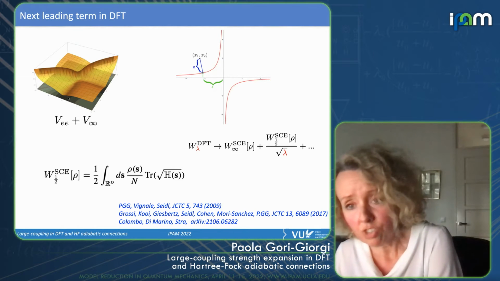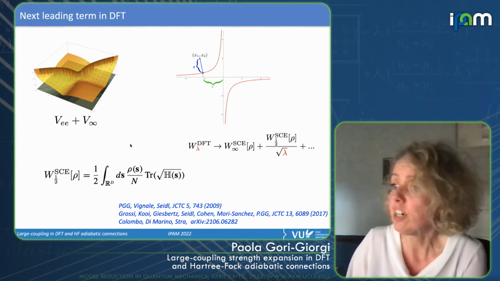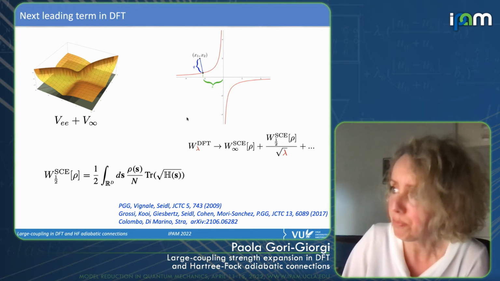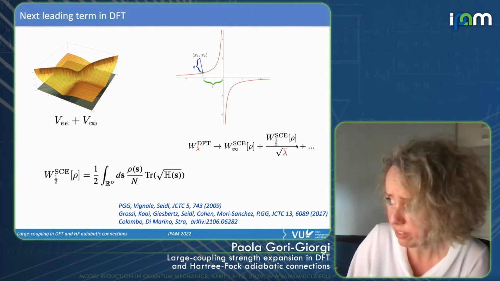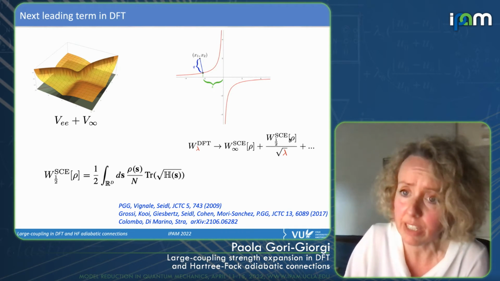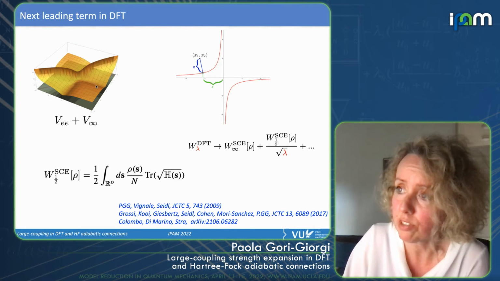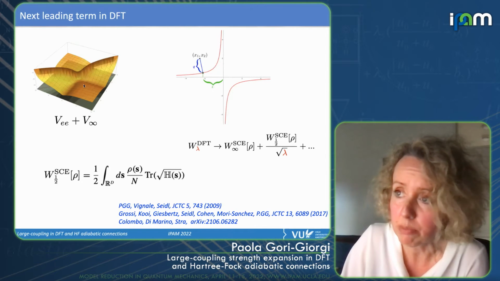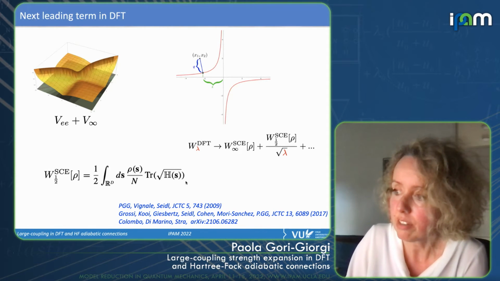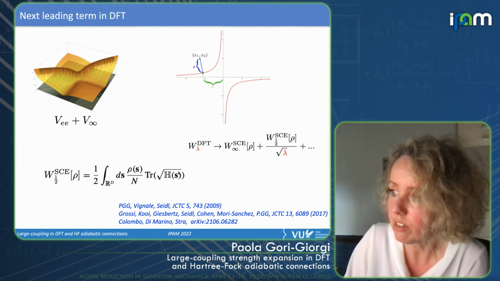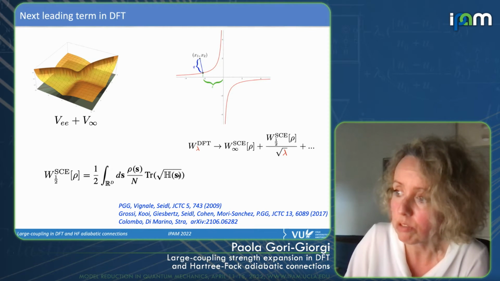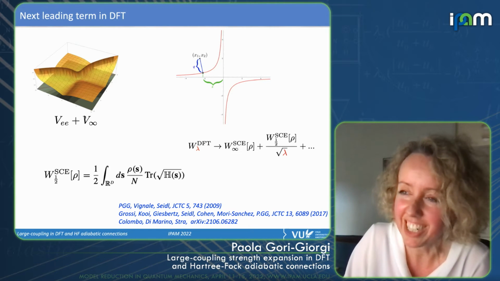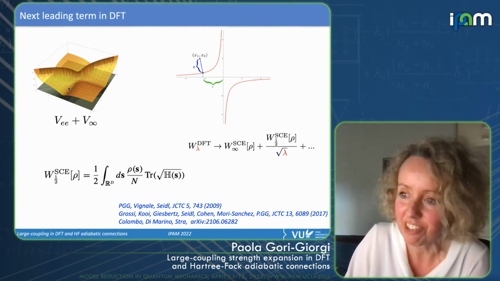And then the conjecture for the next leading term, a conjecture we made in 2009 in this paper, is that this term is simply given by zero-point oscillations around this manifold in the direction orthogonal to the manifold. And then you get this kind of expression in which you have the trace of the square root of the Hessian of this potential energy surface on the manifold.